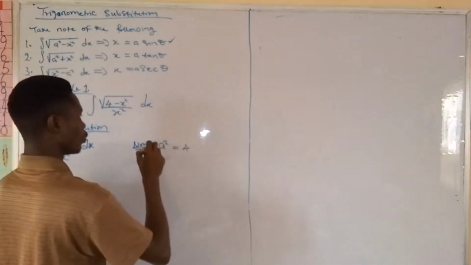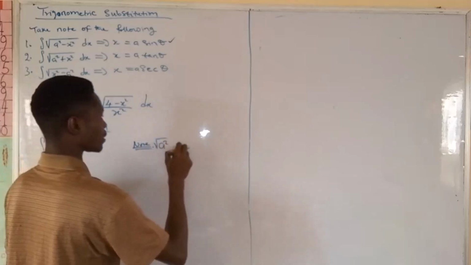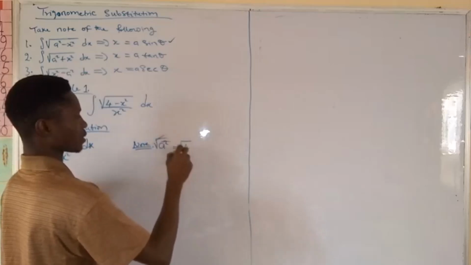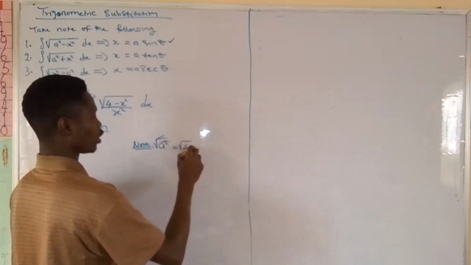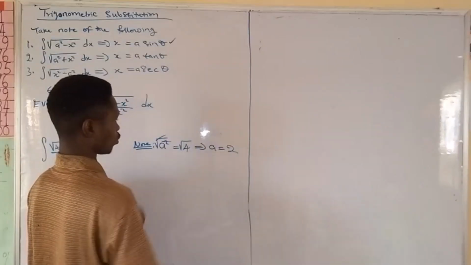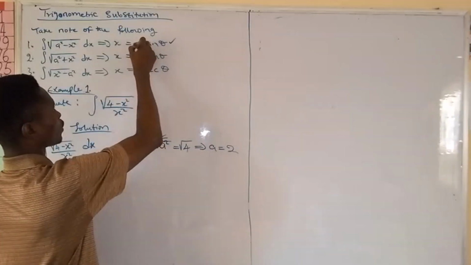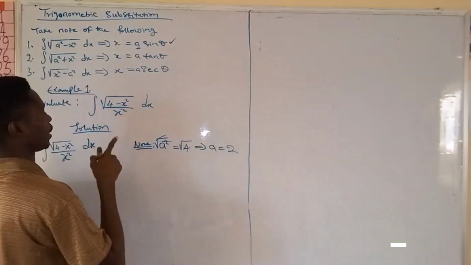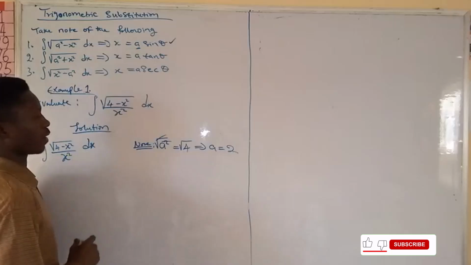So what do we do? We take roots of both sides. If we take roots of both sides, this cancels this. The root of 4 is 2, so this implies that a is equal to 2. So from this point, we know that a is 2. Then again, we want to check for x.